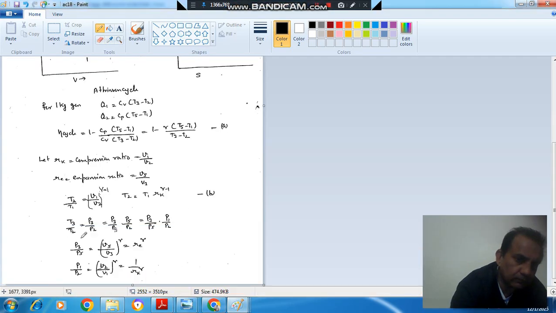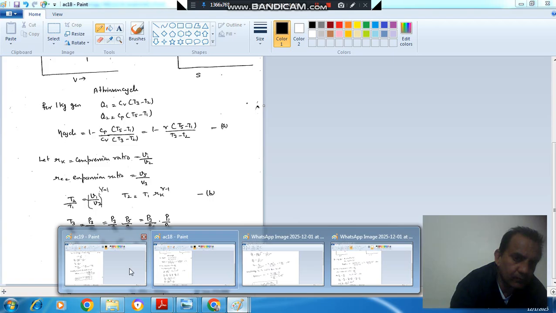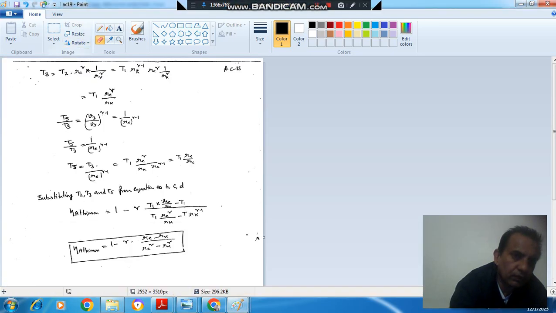From this equation, P3 by P5 is re raised to gamma, and P1 by P2 is 1 by rk raised to gamma. So T3 will be equal to T2 into re raised to power gamma divided by rk raised to power gamma.